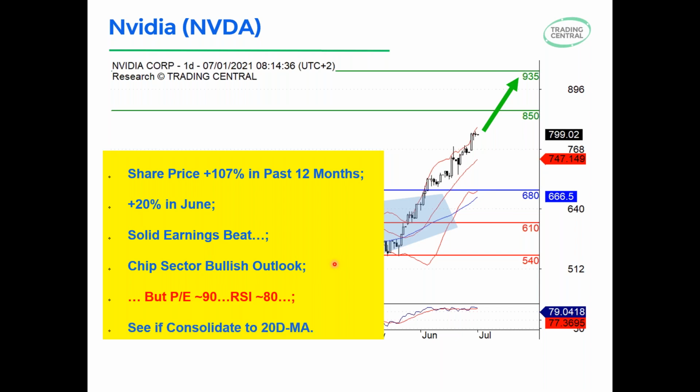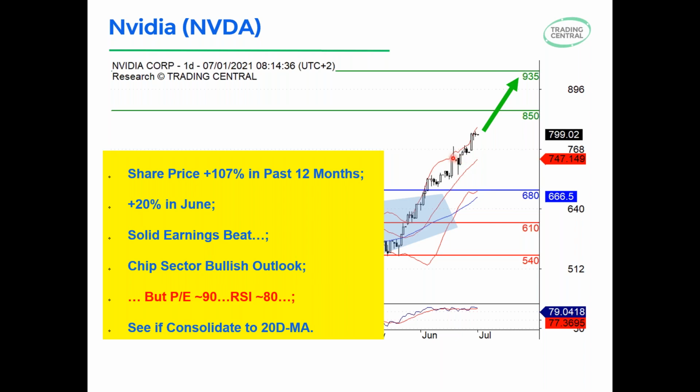If I were you, if you are interested in the stock, wait to see if it will come back down close to this 20-day moving average. So as you can see, we are long-term bullish on the semiconductor industry and also bullish on this stock.